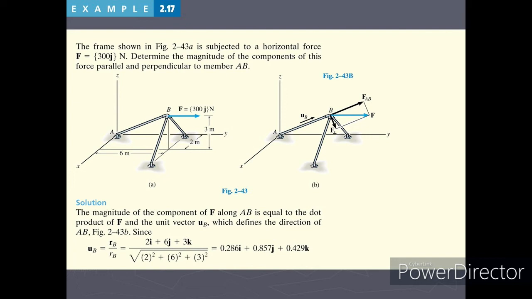Now, from here, if you have another point B, whose coordinates are x2, y2, and z2, okay? How do we define RB now, isn't it? So RB will be defined in the same way, right? It will be x2i plus, okay? Now, how do I move from A to B?